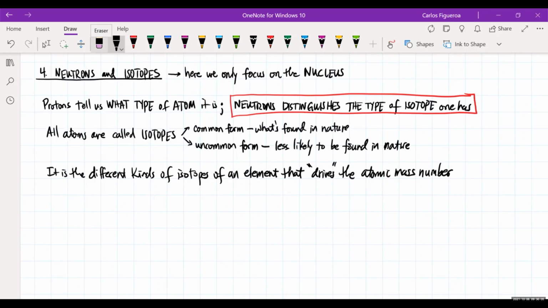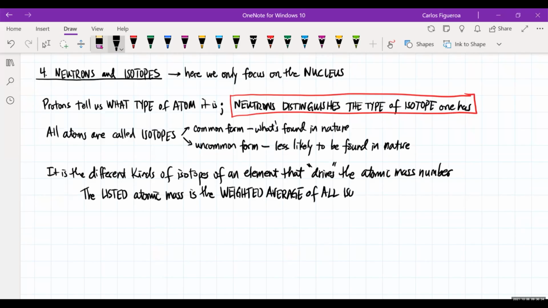And so what you're going to find here is that the listed atomic mass is the weighted average of all isotopes.